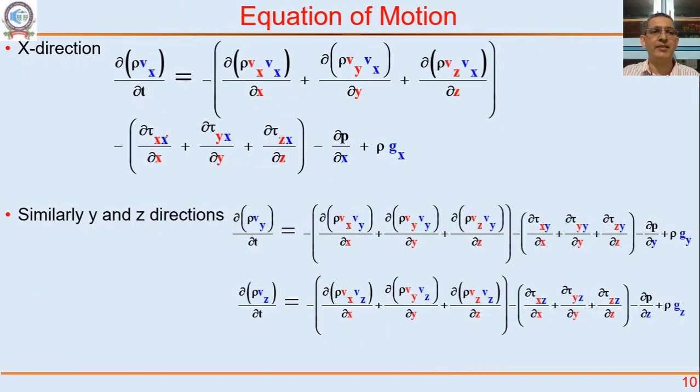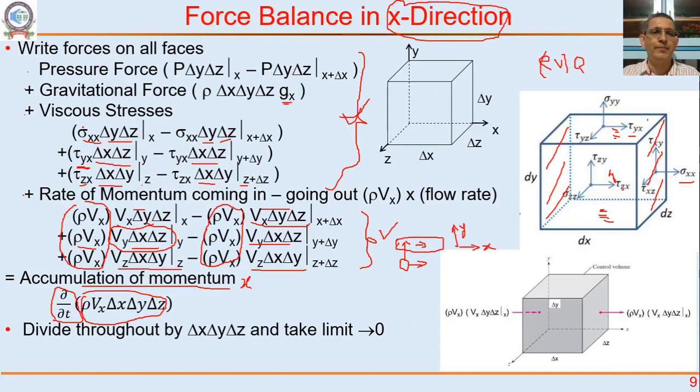In the x direction, you will have del of rho Vx by del t, minus del by del x of rho Vx Vx, del by del y of rho Vy Vx, del by del z of rho Vz Vx. You will have minus del by del x of tau xx. Now we had written sigma there.